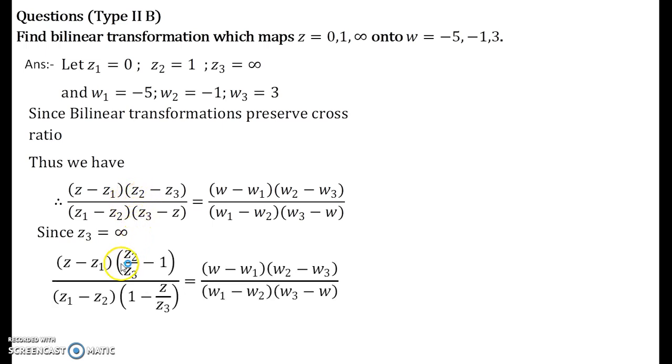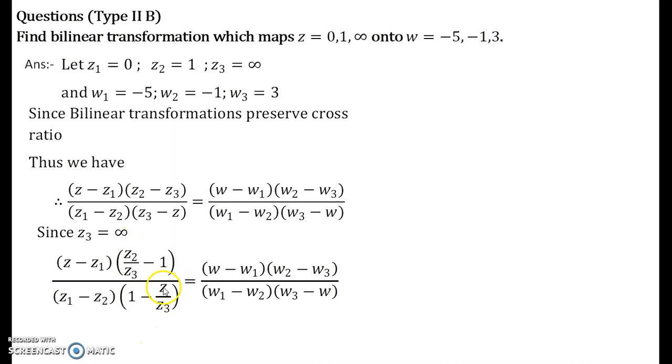When you divide it, you obtain this: z minus z1, we do not touch that part. But when you divide this portion, you get z2 upon z3 minus 1, and in the denominator z1 minus z2 remains as it is, whereas this portion gets converted to 1 minus z upon z3. Now we know that when z3 is infinity, 1 upon z3 will go to 0.